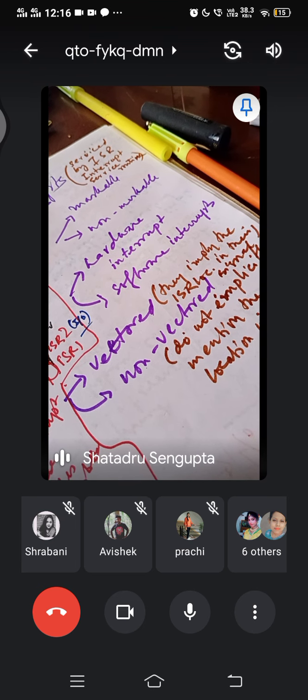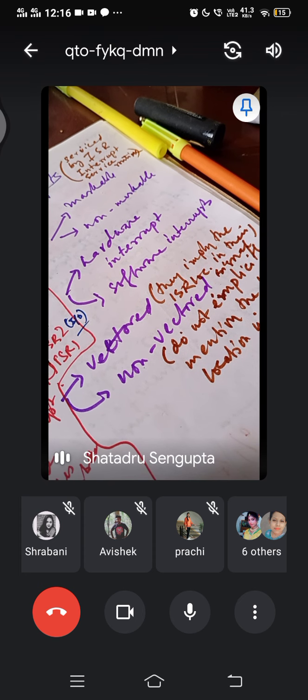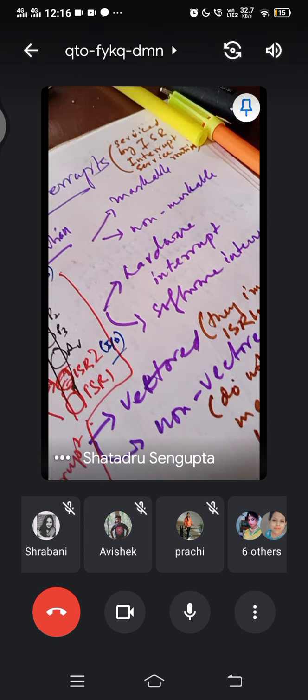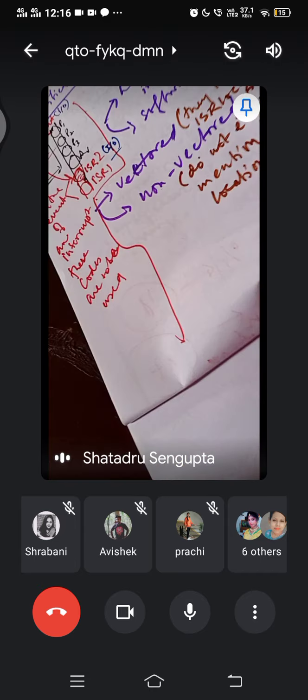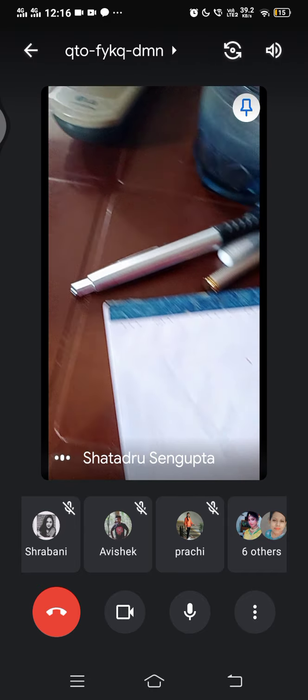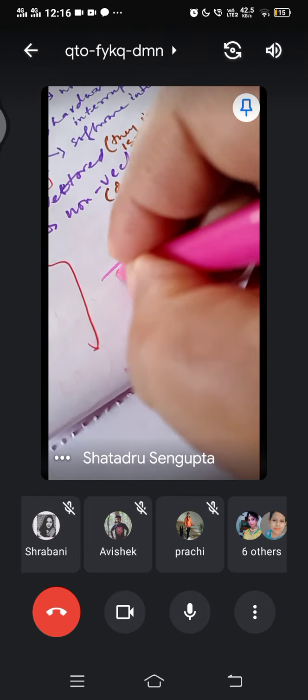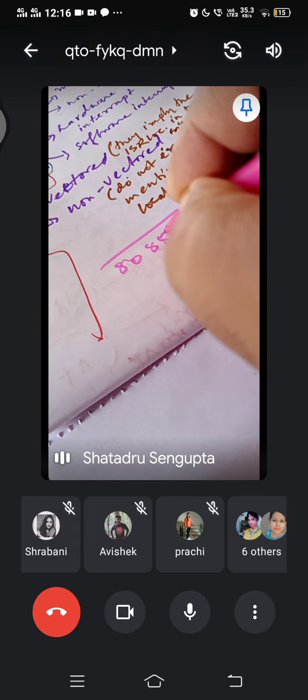A good example of a vectored interrupt is the 8085 interrupt TRAP.